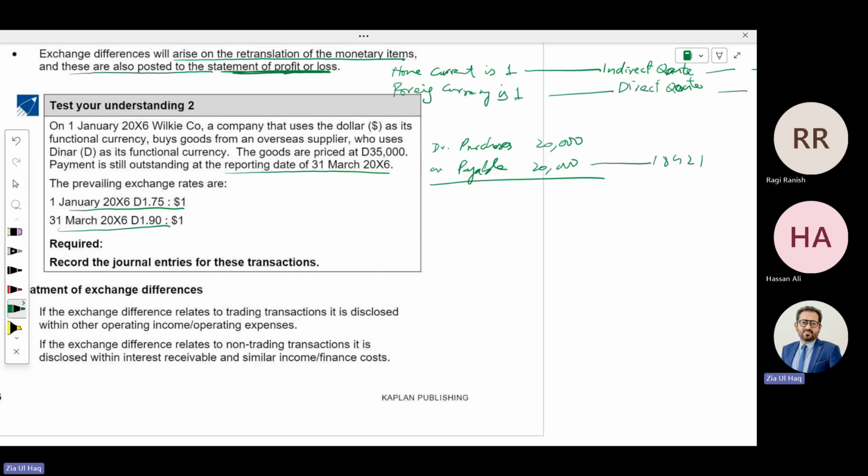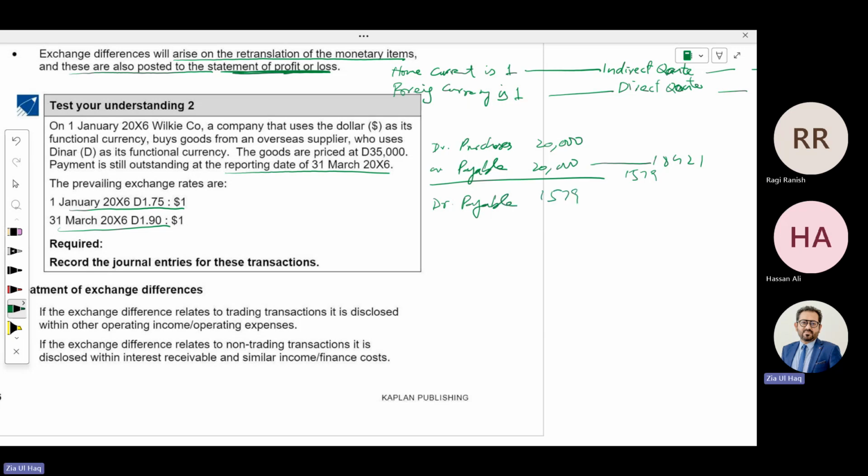In our payable ledger, there is 20,000. So now we need to reduce payable by how much? 1,579. So what we will do is debit payable with 1,579.